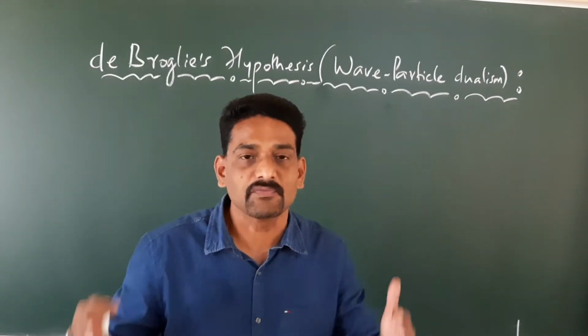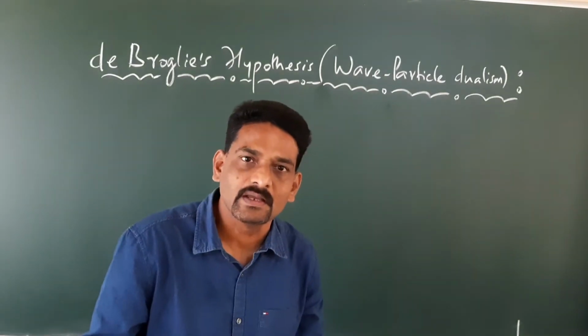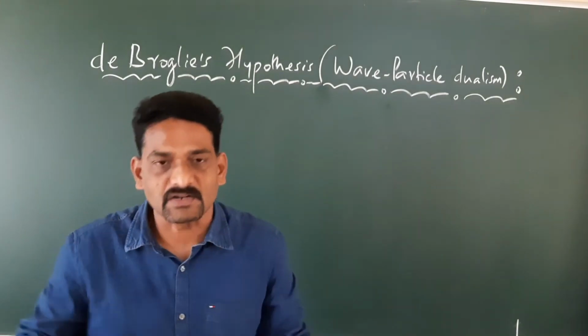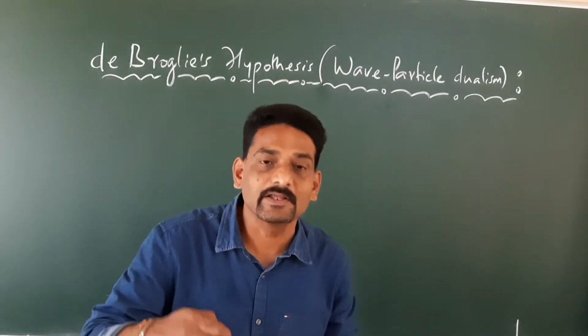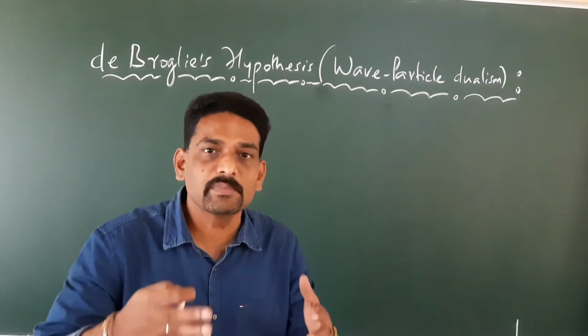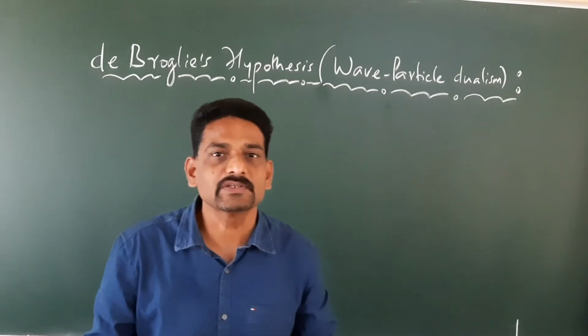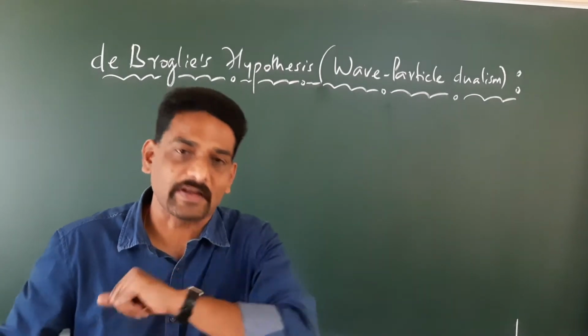So the phenomenon in which an incident light having suitable frequency is made to fall on a metal surface, and there is liberation of electrons from the metal surface, those liberated electrons we call photoelectrons, and the phenomenon is what is known as the photoelectric effect.